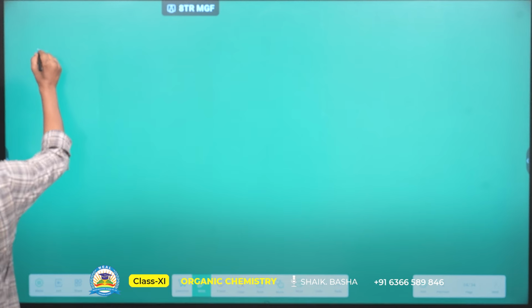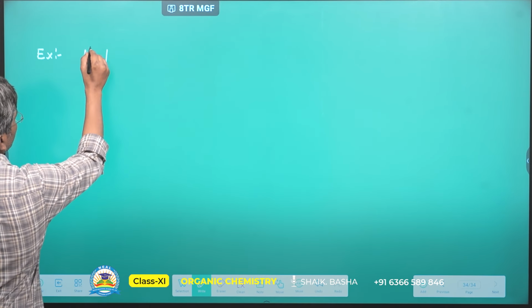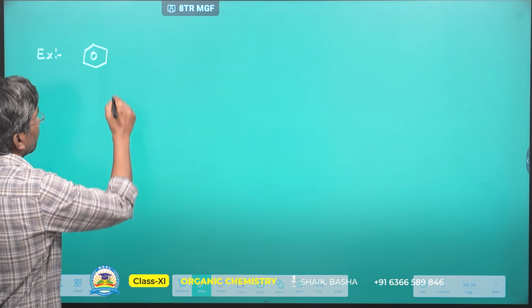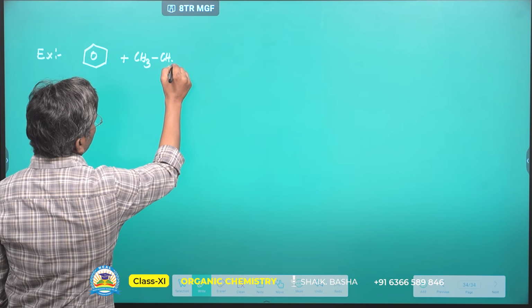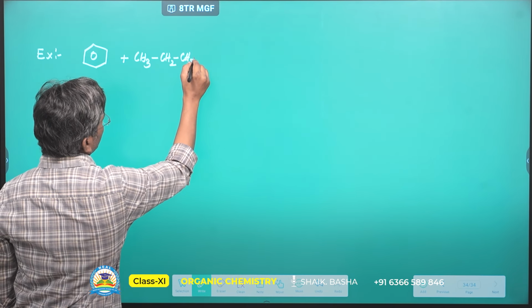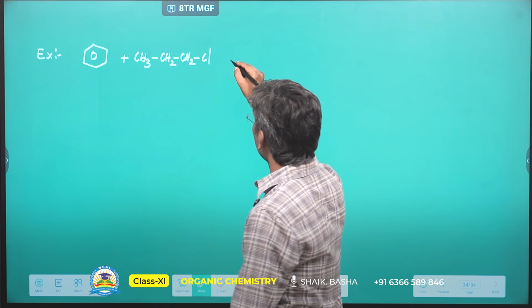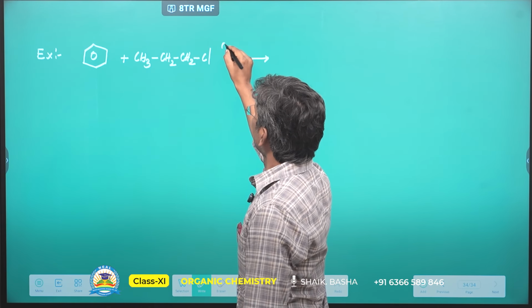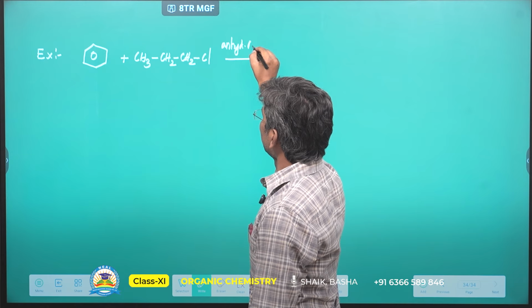I am taking one more example. Benzene on treating with CH3CH2CH2Cl or Br or iodine, then on treating with anhydrous AlCl3.